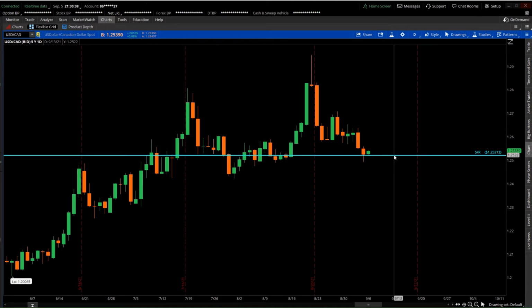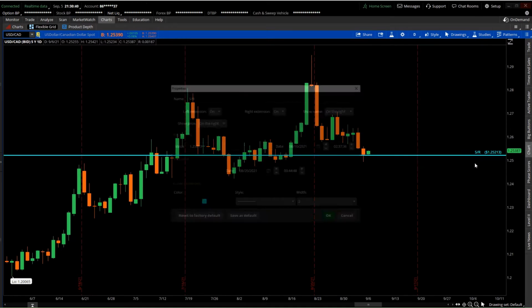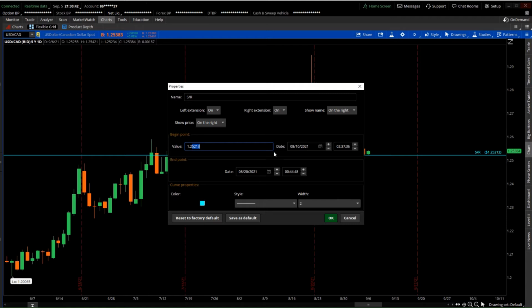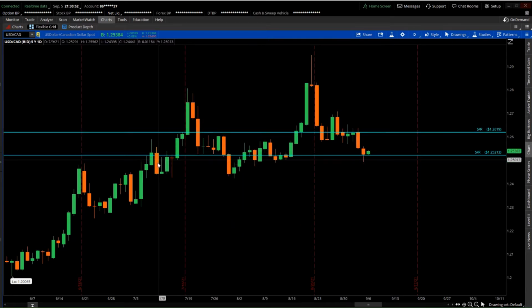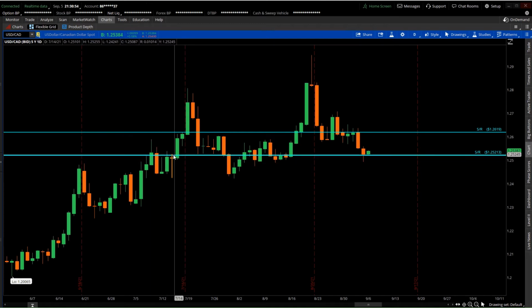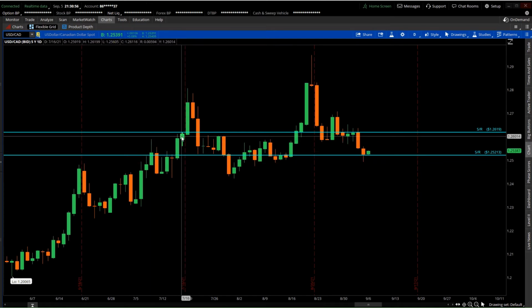Now, the local resistance I did also identify as 1.2619. So as price got above this level here, it kind of got capped off right here.